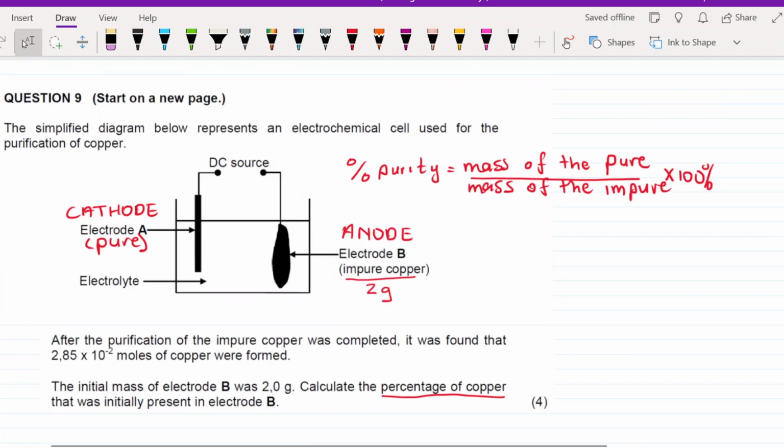This is the formula that we are going to use to find the percentage.